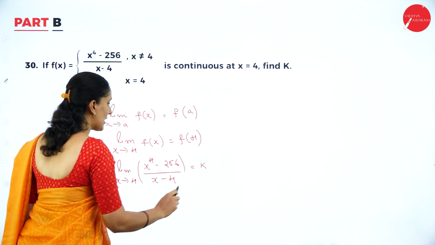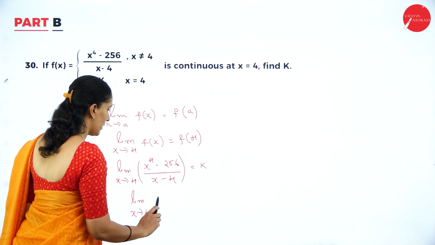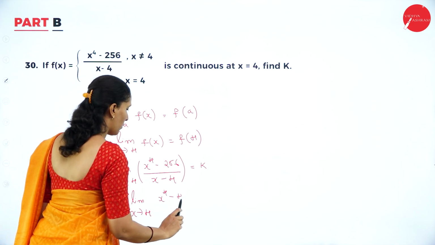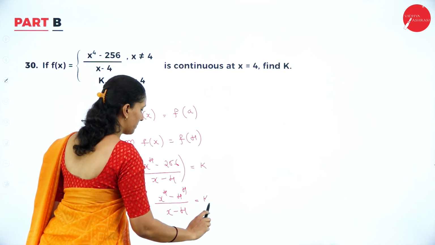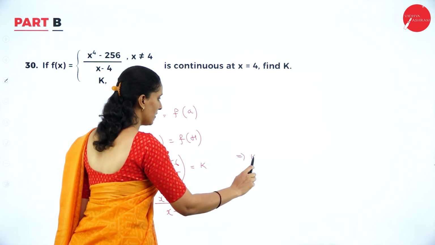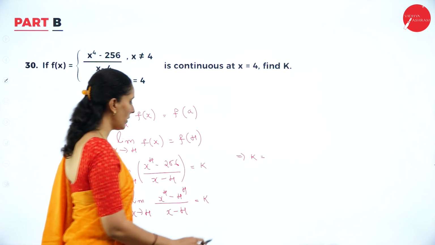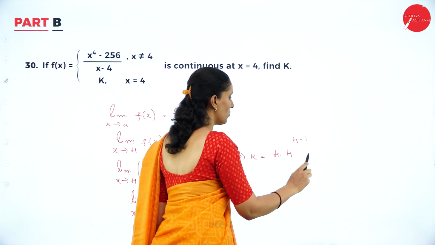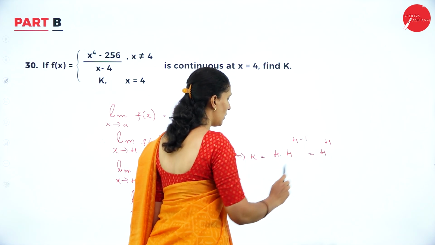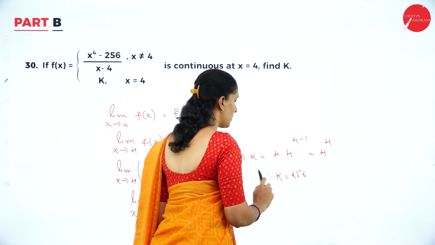Now this is a standard limit, limit x tends to 4 of (x power 4 minus 4 power 4) by (x minus 4). So we can write the value of the limit as n into a to the power n minus 1. So that is 4 into 4 to the power 4 minus 1, which is 4 power 4 only. Therefore the value of k is equal to 256.